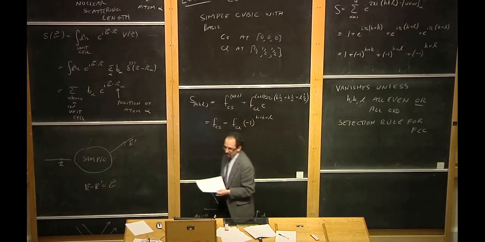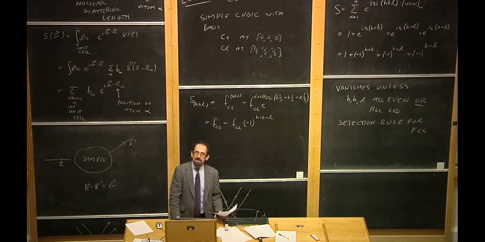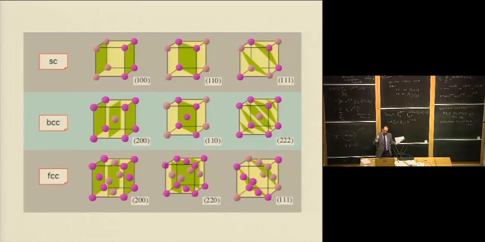So where do these selection rules actually come from? If you remember back to the last lecture or the lecture before, we discussed families of lattice planes and how it is that certain sets of Miller indices do not correspond to families of lattice planes for BCC and FCC lattices. So remember, for example, the 1, 0, 0 family of lattice planes, or reciprocal lattice vector, corresponds to these sets of planes for simple cubic.